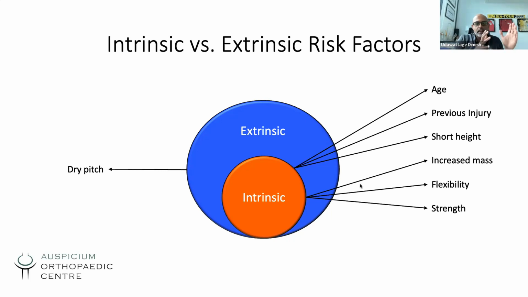So he'd had a subtle injury up to that point, and hadn't recovered from it. And then by the time he developed a more significant one, that's the time that he came to see us. If you have a short height, an increased BMI, if you're not so flexible, and if you're not so physically strong, all of these are also intrinsic risk factors towards developing these rectus femoris injuries.